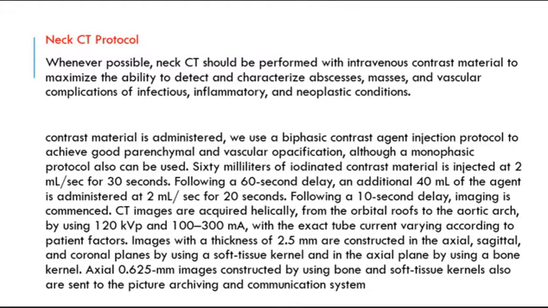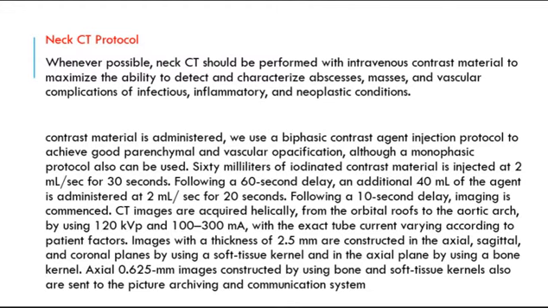It's given at 120 kVp, and 100 to 300 milliamperes-second is used according to the patient's condition. As we know, we change the milliamperes according to the conditions of each patient, so the exact tube current varies with patient factors.